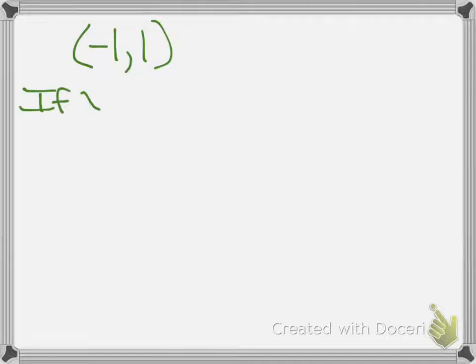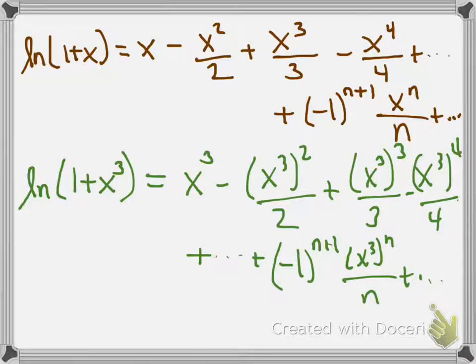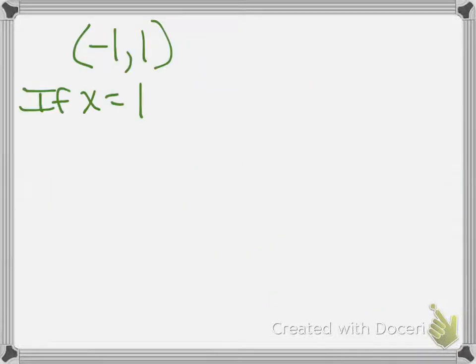So let's see. If x equals, let's say, positive 1, then what does our series look like? Okay, well, let's go back and take a look at it. If I plug in positive 1, I'm going to get 1 minus 1/2 plus 1/3 minus 1/4 and so forth. And so we're going to get the alternating harmonic series.